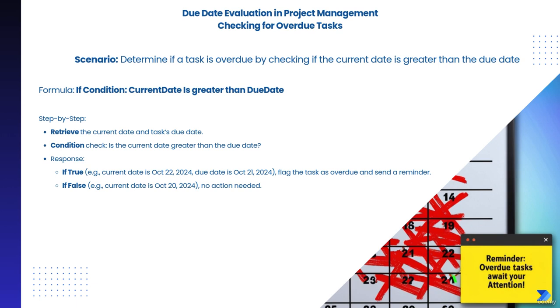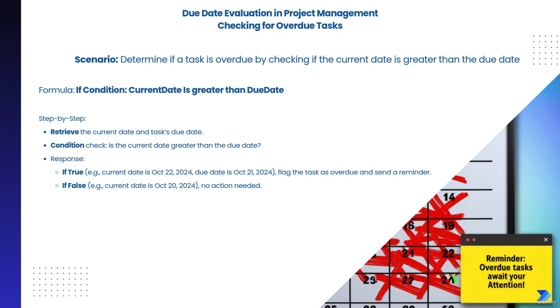Step-by-step explanation. Input data: retrieve the current date and the task's due date. Condition check: the flow checks if the current date is greater than the task's due date. Response: if the current date is October 22, 2024, and the due date is October 21, 2024, the condition returns true.